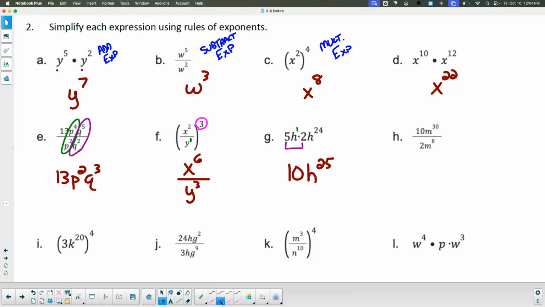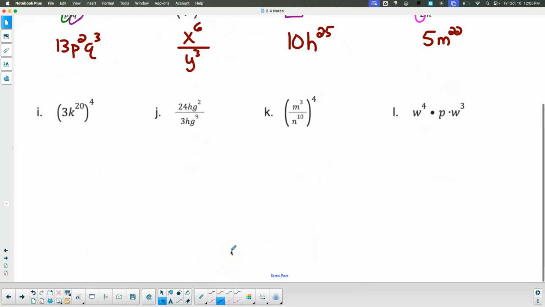When we have coefficient numbers in a fraction, we do that part first. 10 divided by 2 is 5. And there are 22 more m's on the top than there are on the bottom. When we have a power to a power with numbers also, or with multiple things in it, that power has to go into the 3 term, and then that power has to go into the k term also.